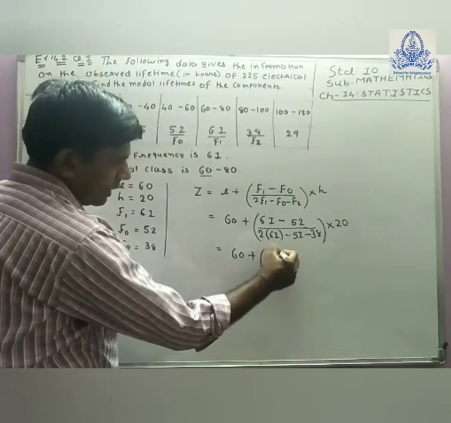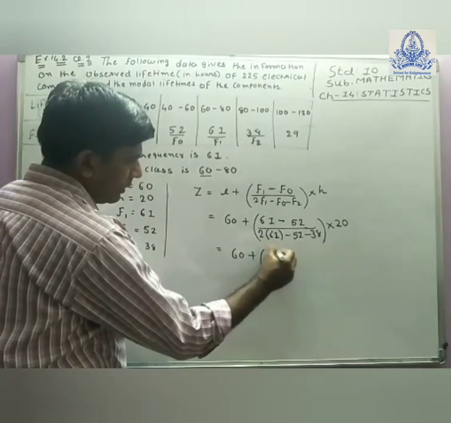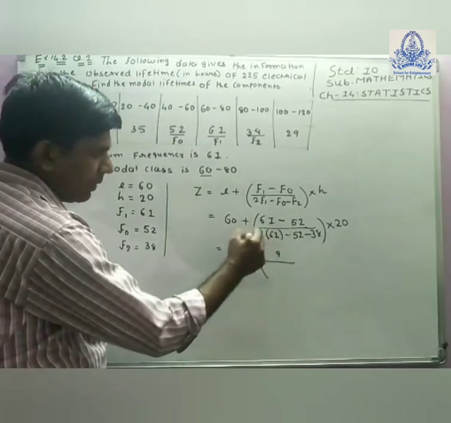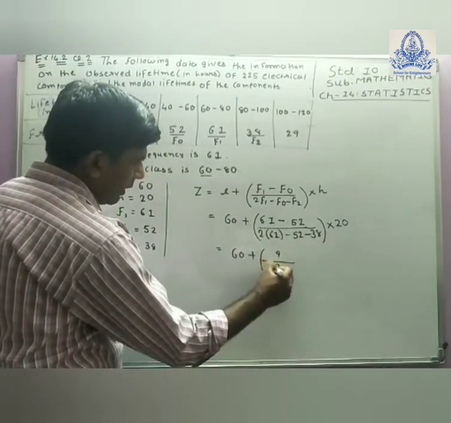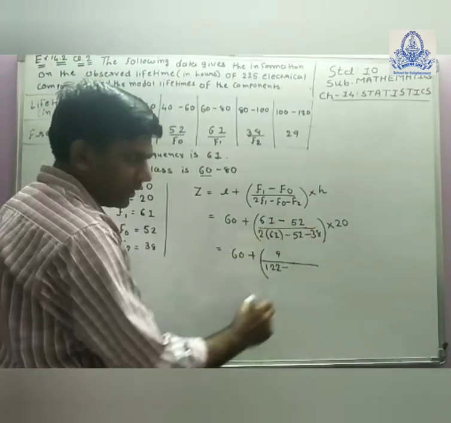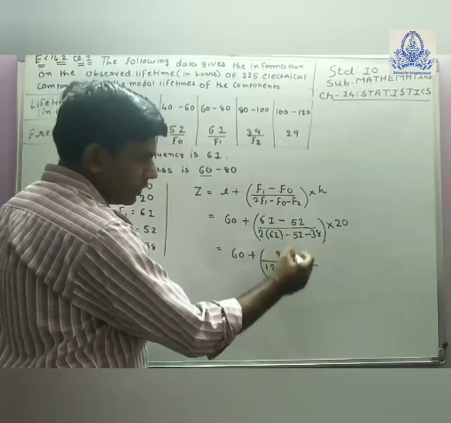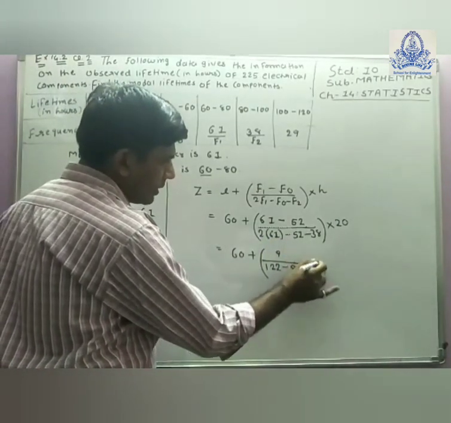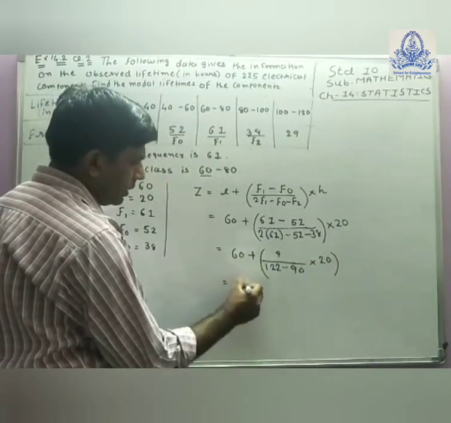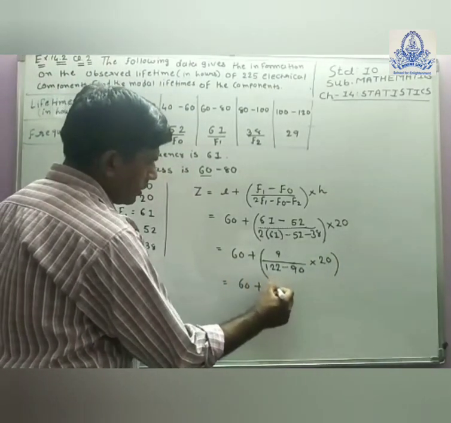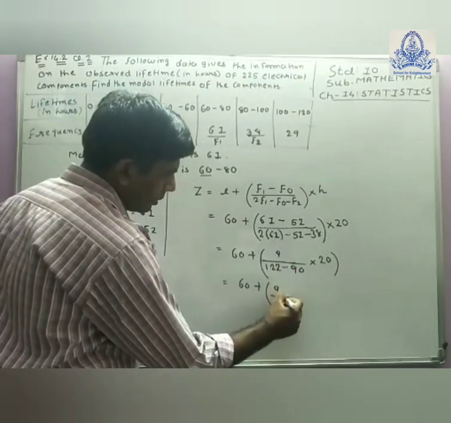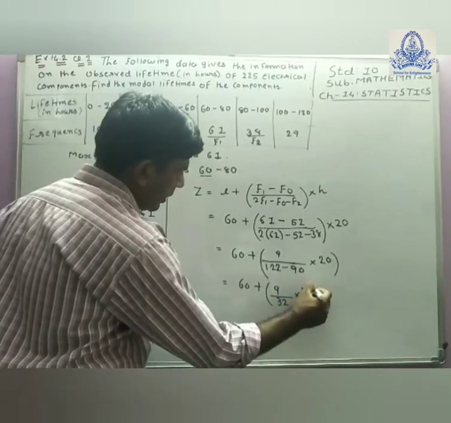So the answer is 9, and upon 61 multiplied by 2, that is 122, minus 52 minus 38. See, these both values are minus, so they will be added and the answer is 90. Multiplied by 20. So 60 plus 9 upon 122 minus 90, answer is 32, multiplied by 20.